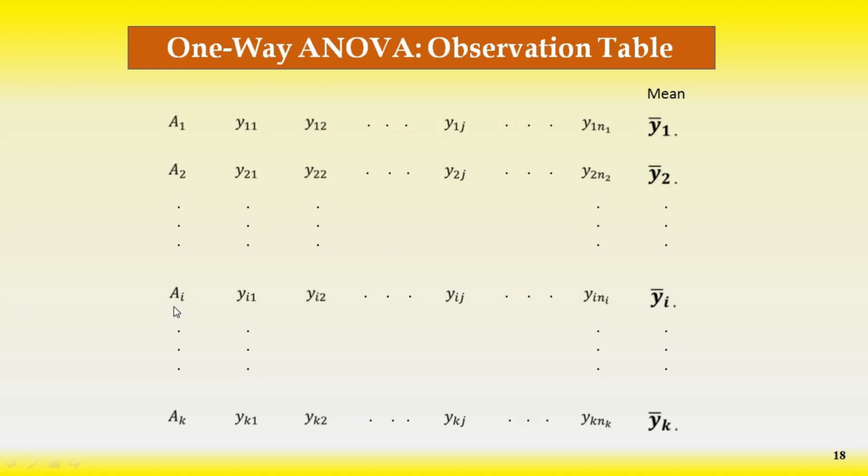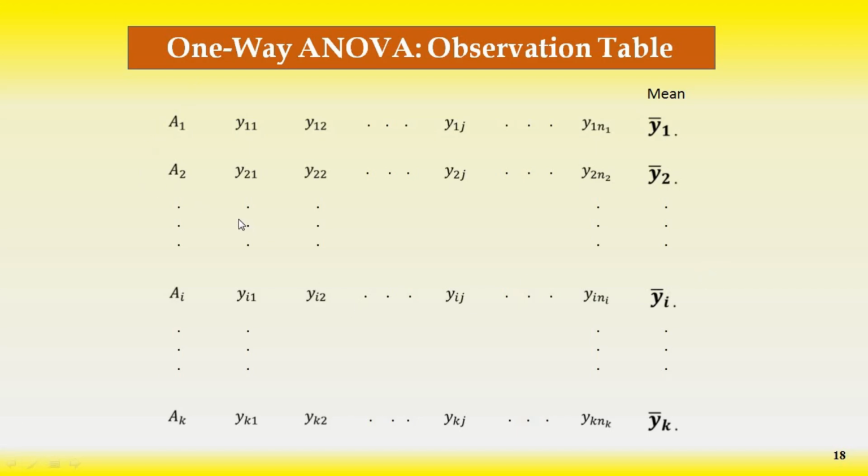Similarly for Ai: Yi1, Yi2, up to Yij, up to Yini, and this is the mean for Ai, Yi dot bar. And similarly for Ak: Yk1, Yk2, up to Yknk, and this is the mean Yk dot bar. This is the observation table.